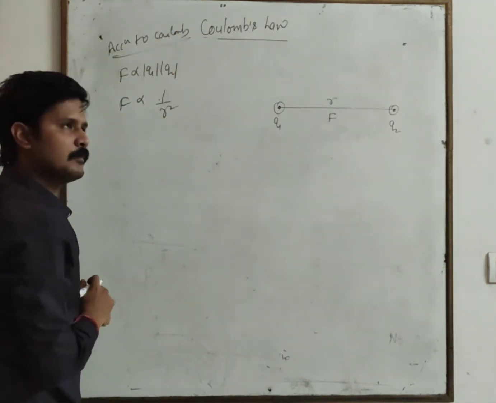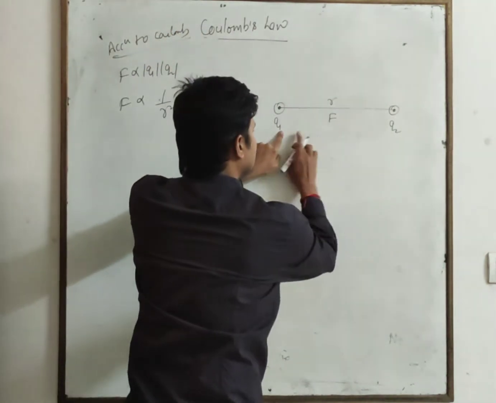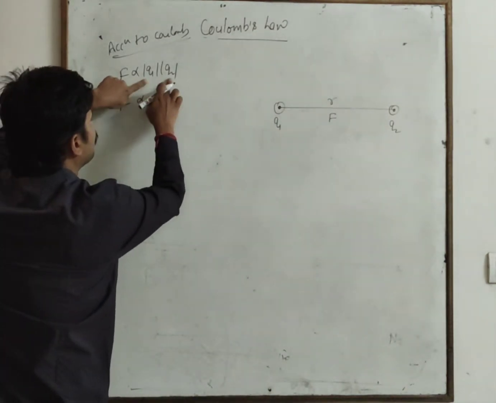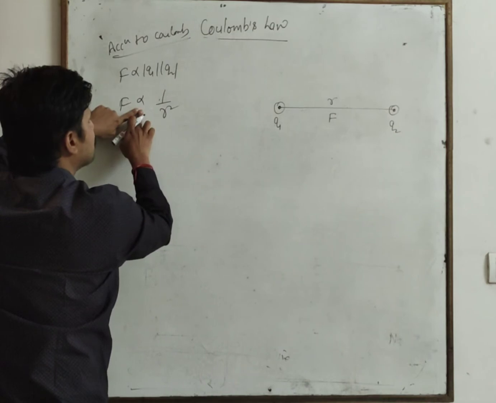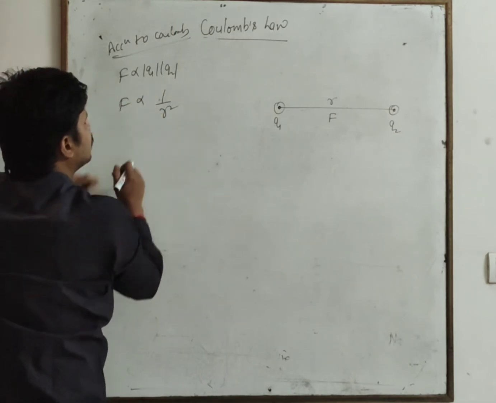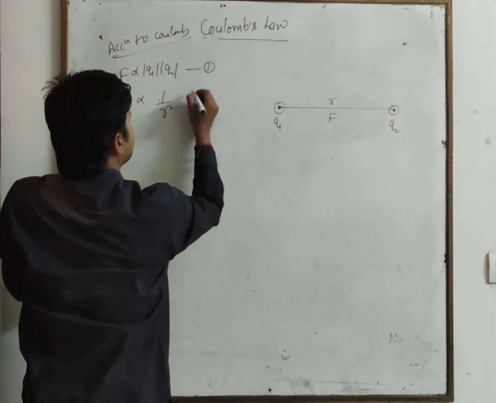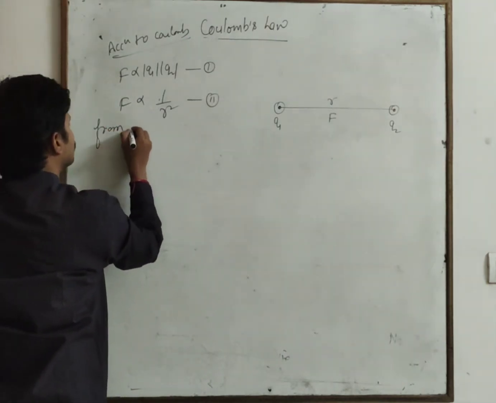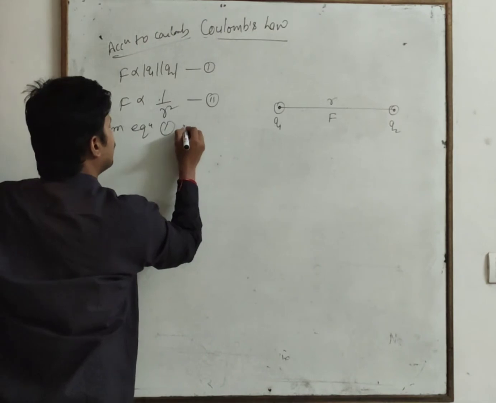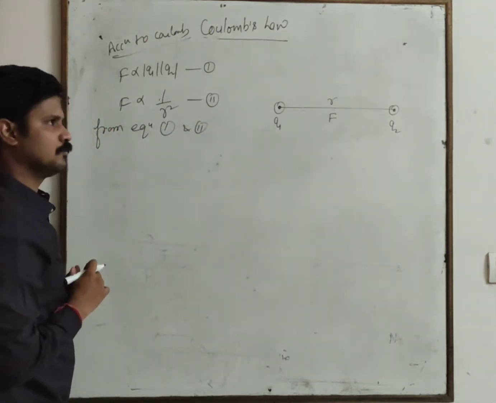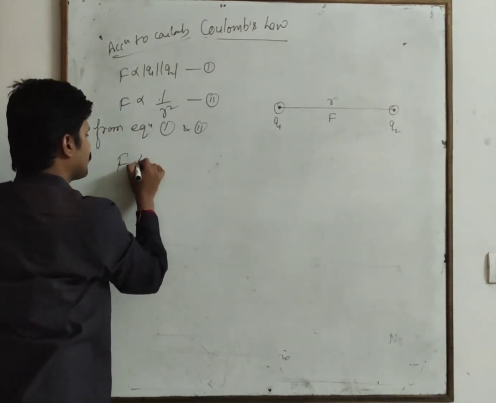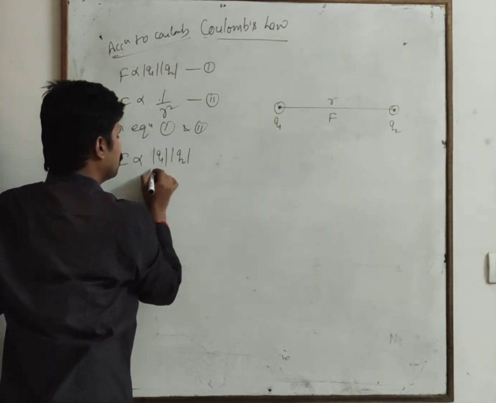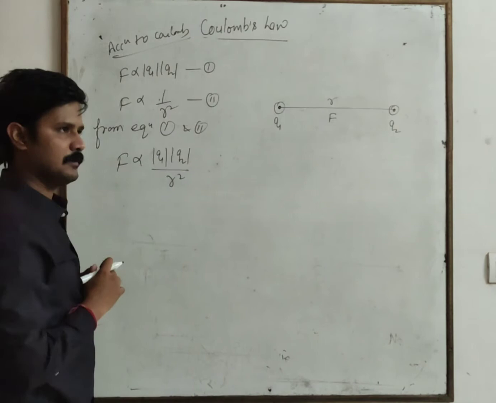According to Coulomb, the electrostatic force between these charged particles is proportional to the product of the magnitudes of Q1 and Q2 and inversely proportional to the square of the distance between them. Now we call these equation 1 and equation 2. From equation 1 and 2, F is directly proportional to magnitude of Q1, magnitude of Q2 upon r square.